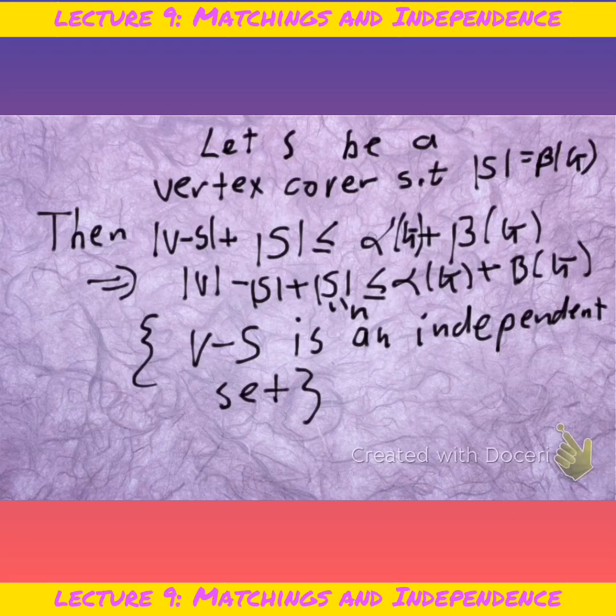Okay, so n is at most alpha of G plus beta of G, and we also said that n is at least alpha of G plus beta of G from previous reasoning. So therefore we need to basically have equality.